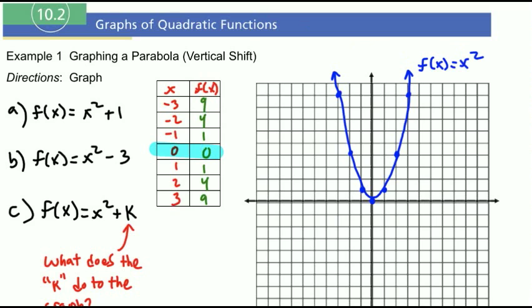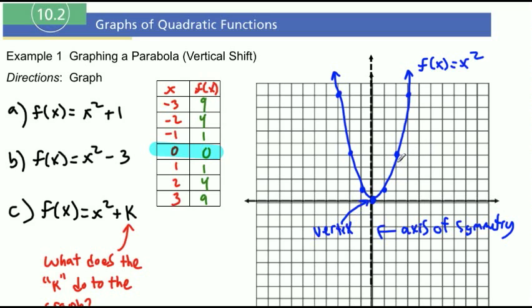If I were to have a dotted line right here that cuts this in half, this line would be called the axis of symmetry. That's what this is called. It's called the axis of symmetry. Okay, and this lowest point right here on this parabola is called a vertex.